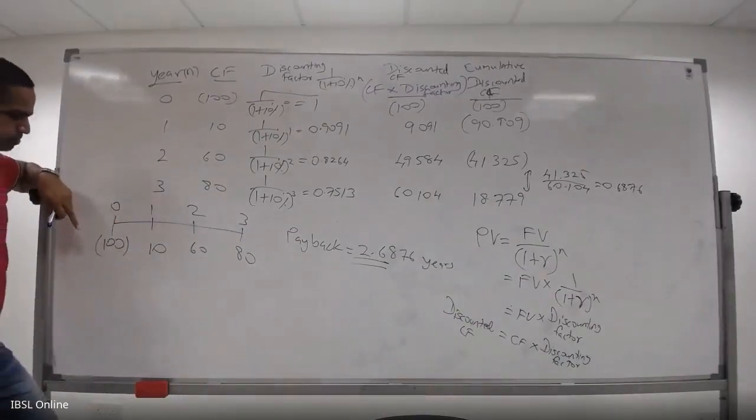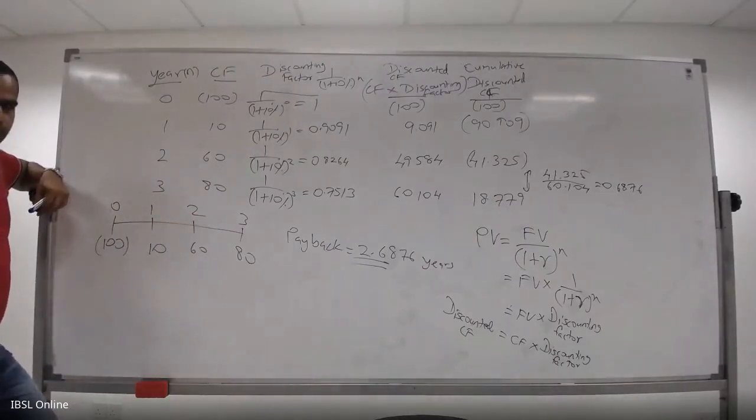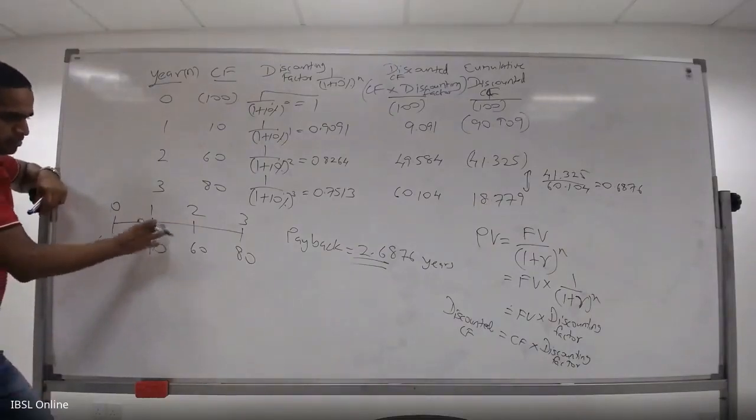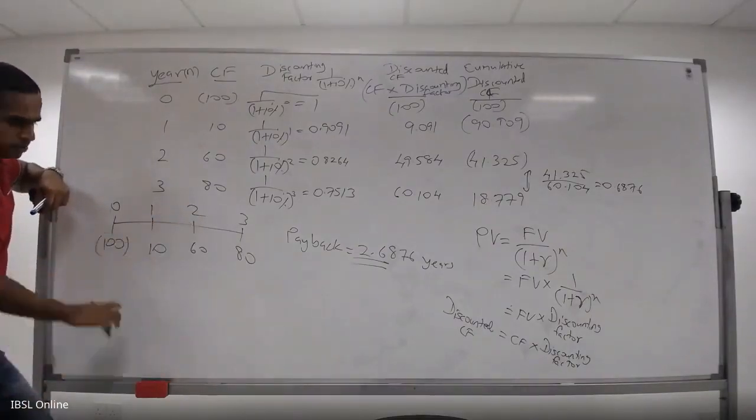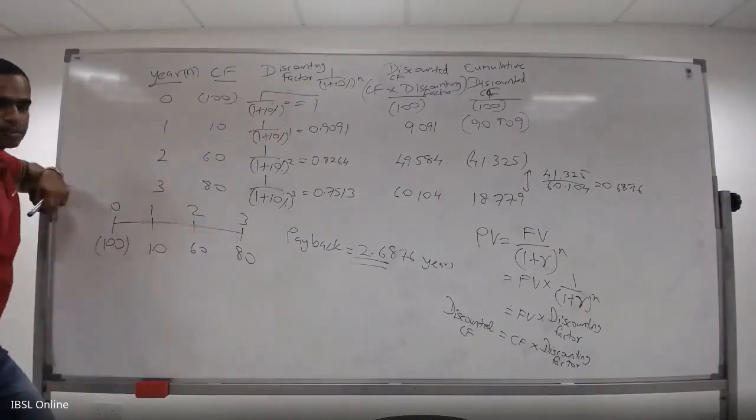So there is investment, first year cash flow, second year cash flow, third year cash flow. Remember, these cash flows are not received in the same year. They are received over a period of 3 years, which is why you're getting the present value.